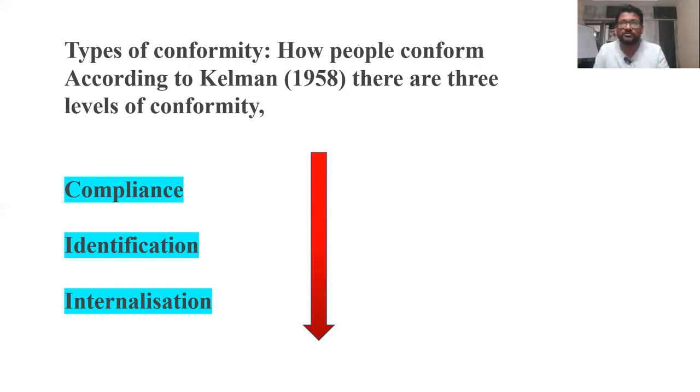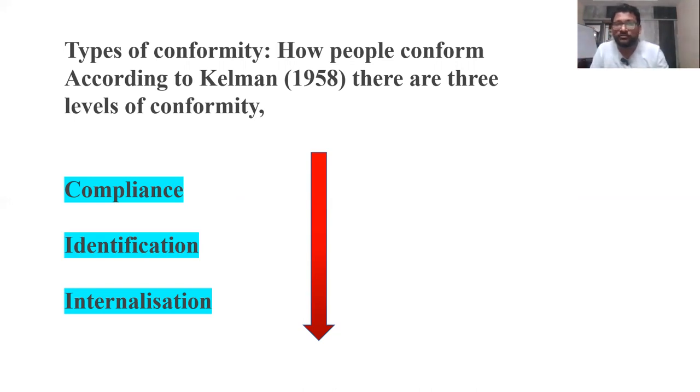What is identification? The second level of conformity. This is a slightly deeper level of conformity than compliance. This is where the individual adapts their behavior because they value membership of the group. For example, I belong to group A and not to group B, so I value that group's membership and behave in a certain manner.